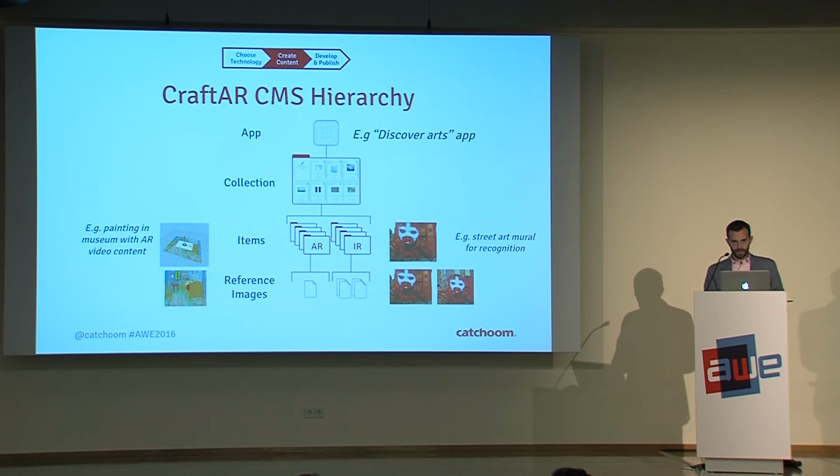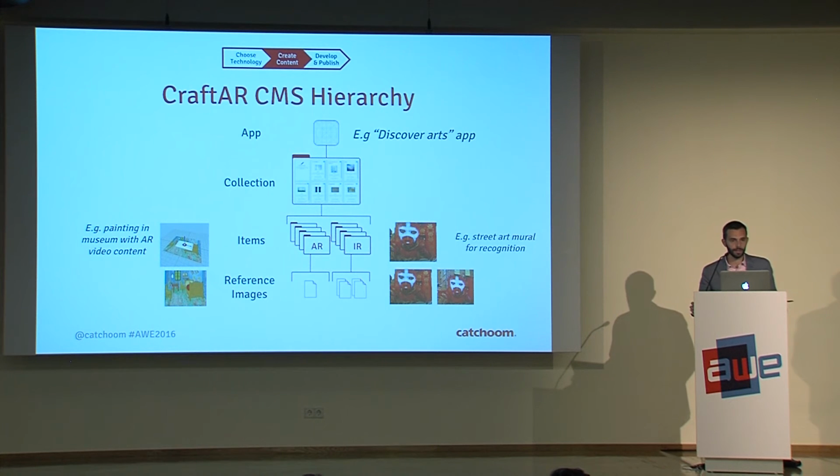In terms of creating content, the first thing that I always explain is how we structure data, how we structure the content management. At the very first level, you would have your own app. This app can be a mobile app, but it can also be a web app. We have customers that use our technology directly from a website. Then an app is typically associated with a collection. This collection structures all the data for that customer inside the group.